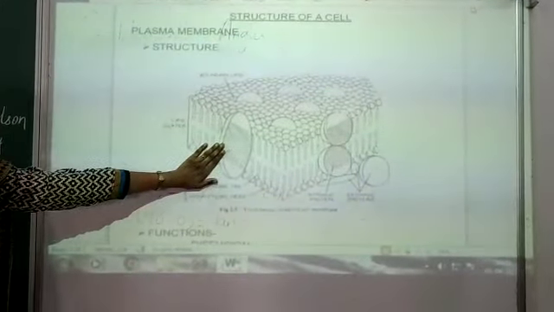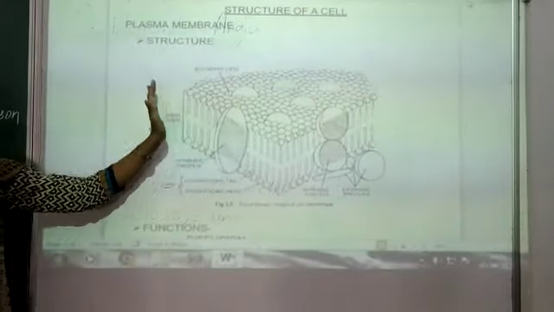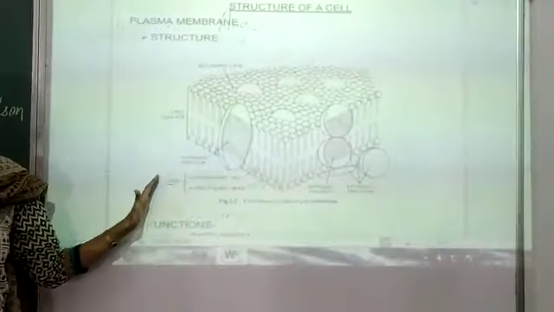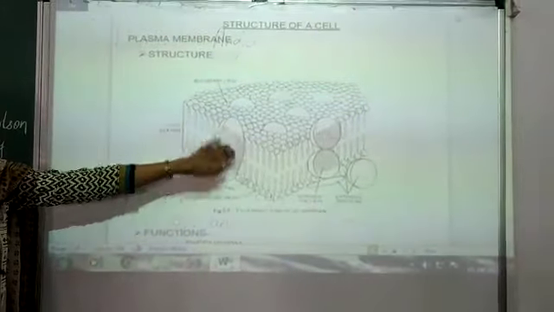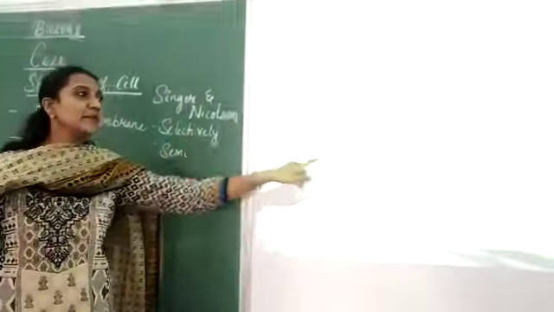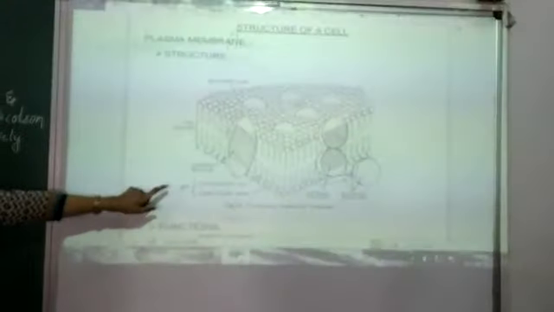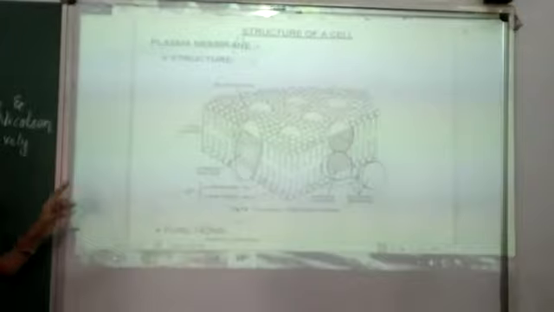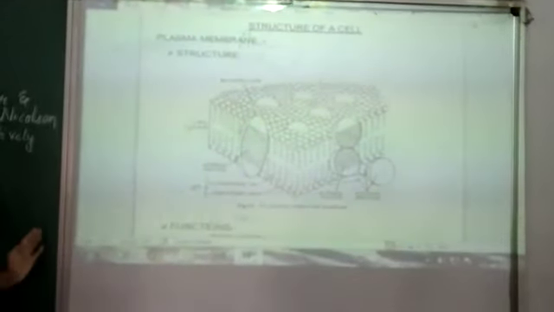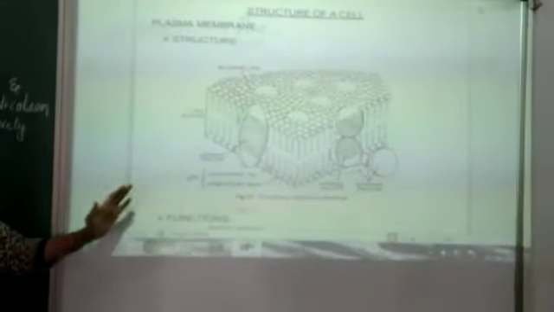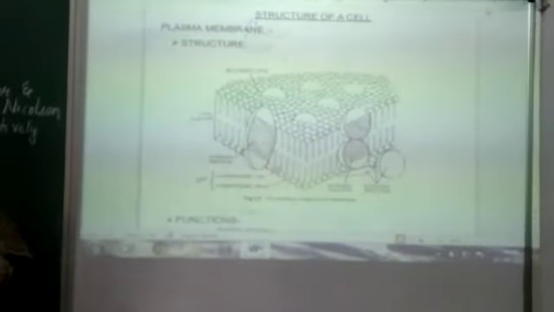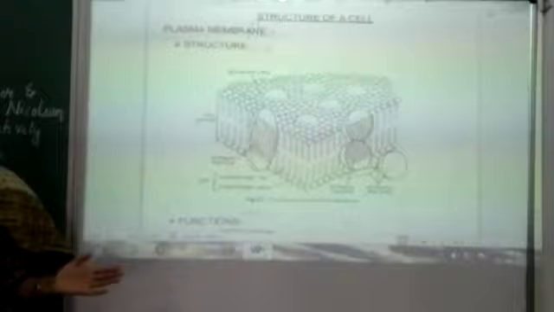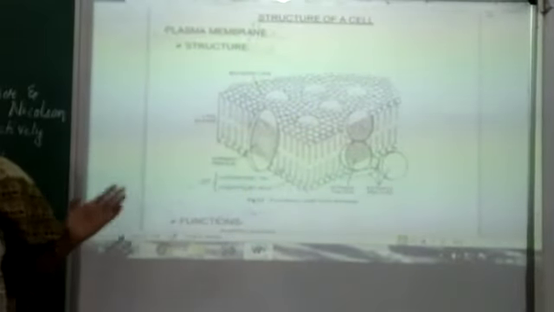Why does it have such a structure? For the easy passage of materials in and out of the cell. We know that the cell membrane is the selectively permeable membrane. The name gives the correct definition: it lets in only the required materials inside the cell and throws out the materials not required by the cell, or those given out as waste products after certain metabolic activities inside the cell.